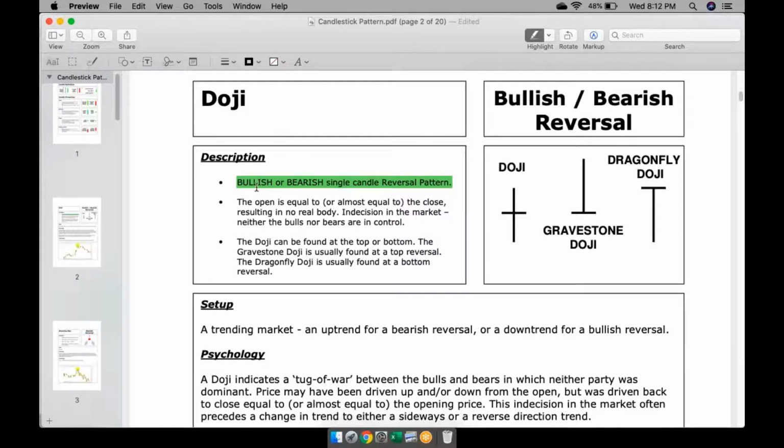Coming back, doji is an important candlestick pattern. This can be used as a bullish reversal and bearish reversal. The purpose of a candlestick pattern is reversal trading.